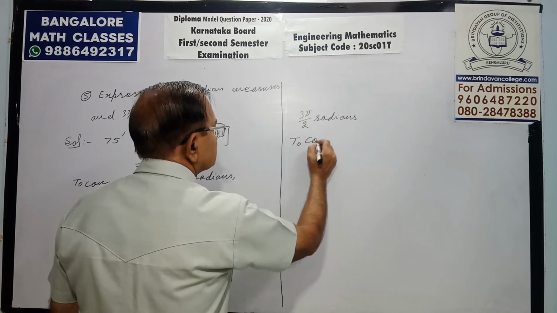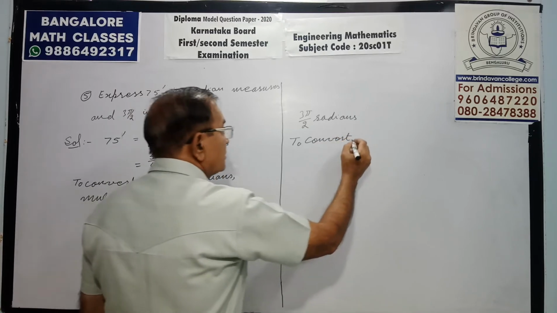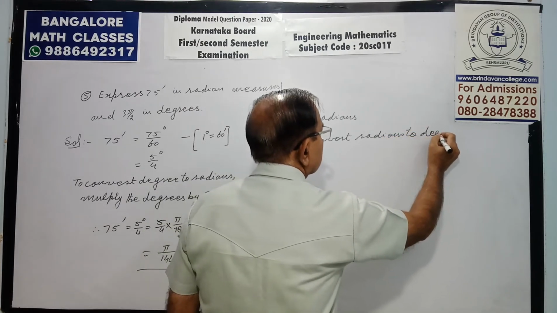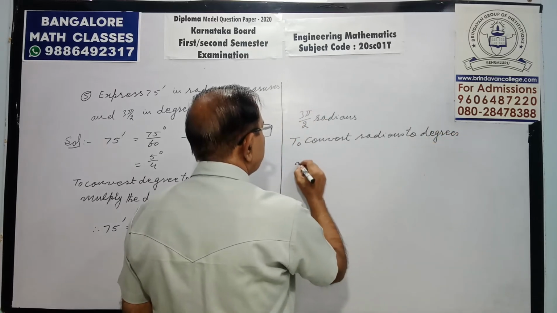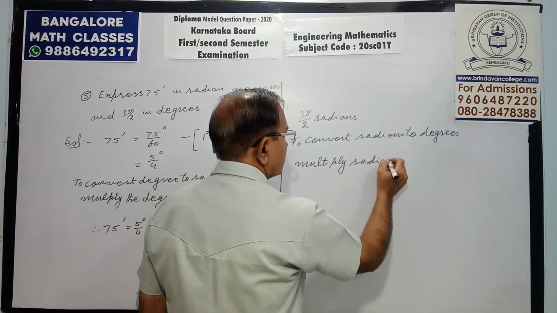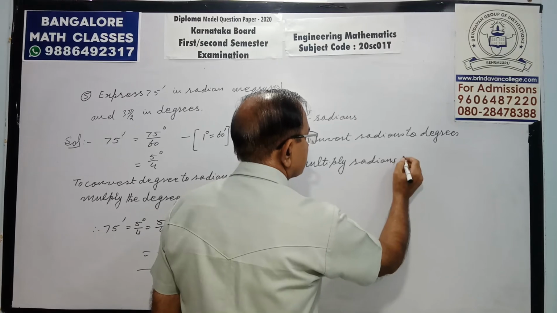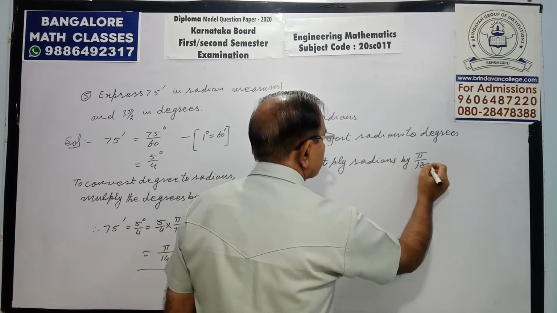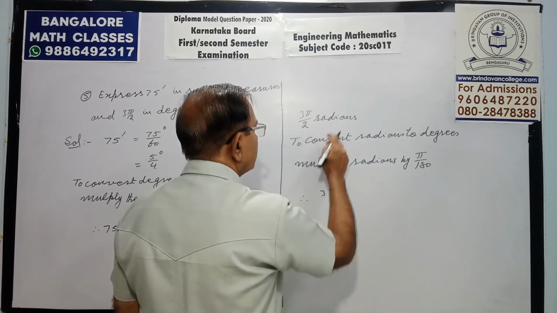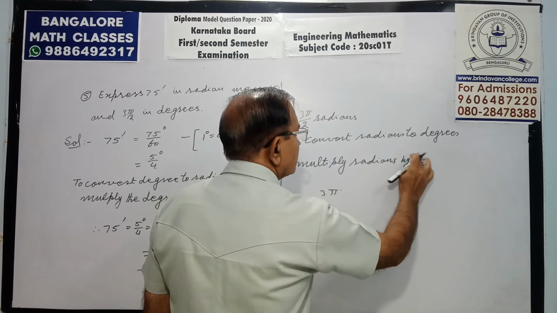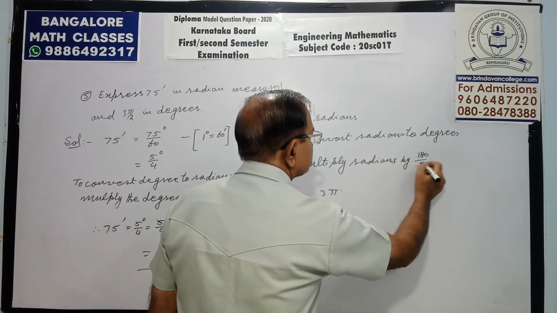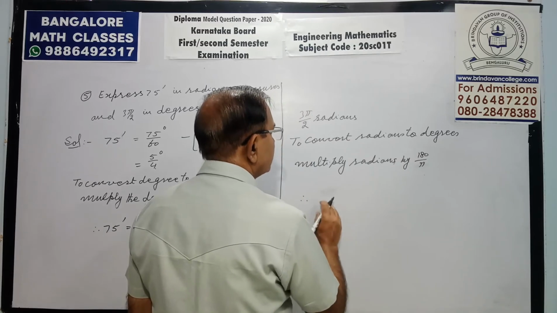To convert radians to degrees, multiply by 180 by pi.